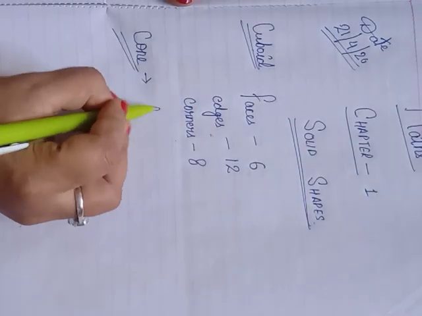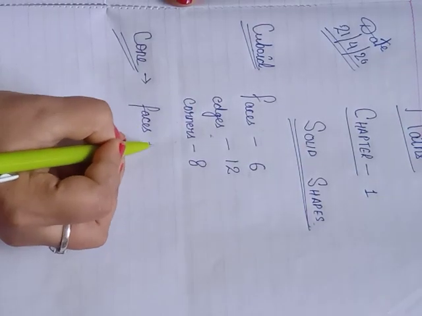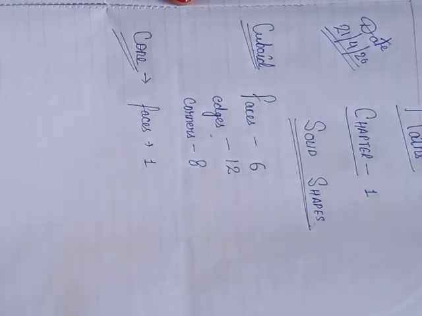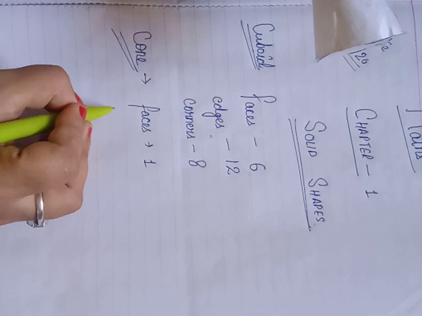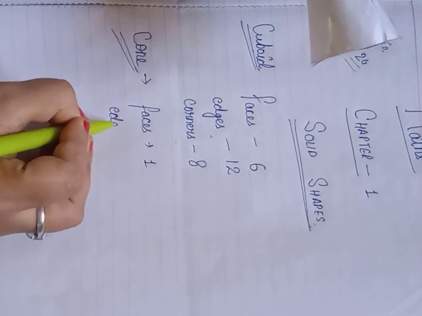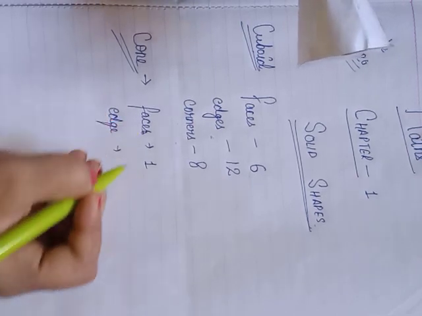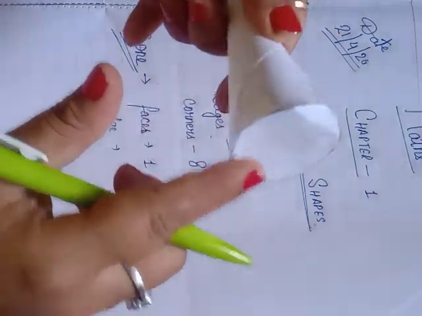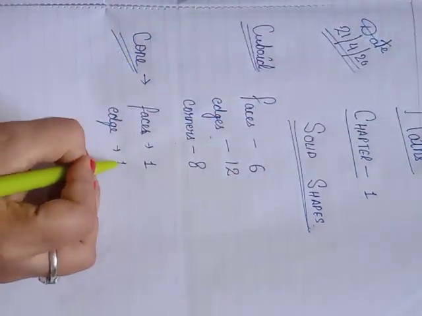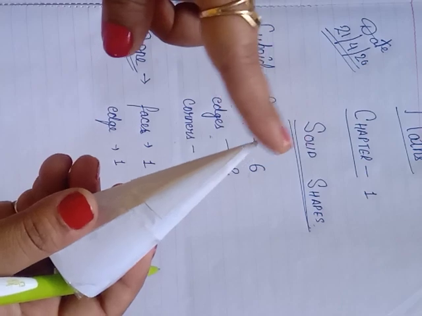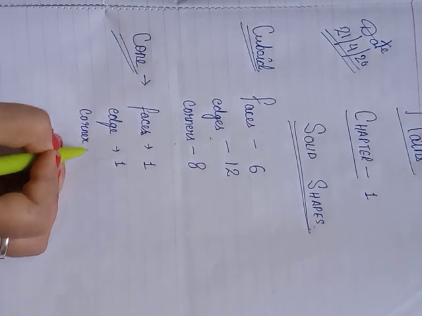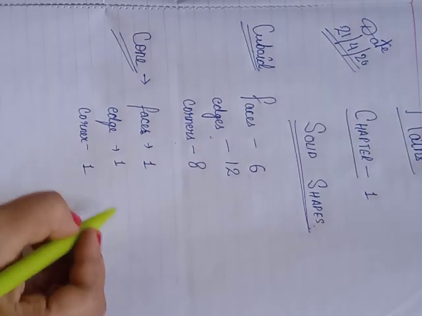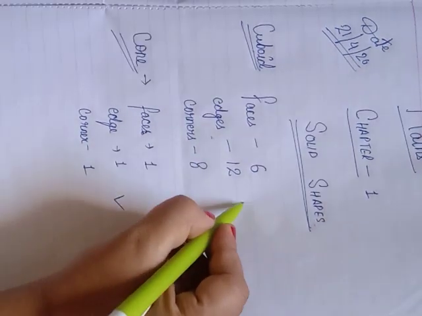So we will write here, we have one face in the cone, one edge and one corner. Okay, here we have done the cone and the cuboid.